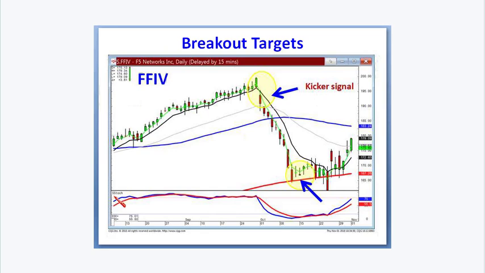Carl, I use TC2000 also. We also use Metastock. But a lot of people, if they don't want to have a combination of TC2000 or Metastock as their scanning software, if they just want to use one platform, Thinkorswim.